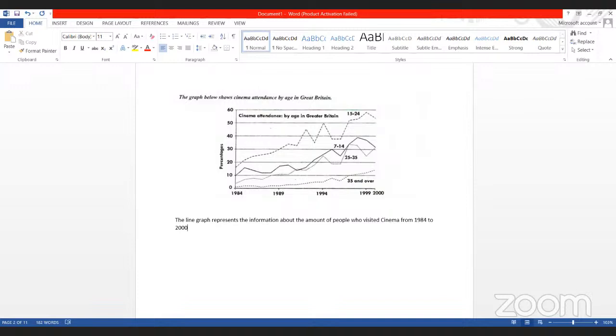And the next thing is by age. You need to talk about age wise. Now what you need to do is tell in general what you can see.